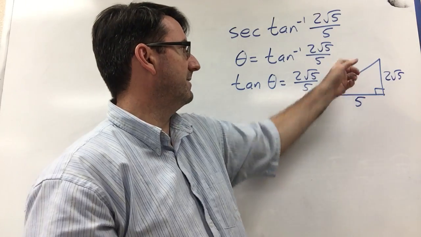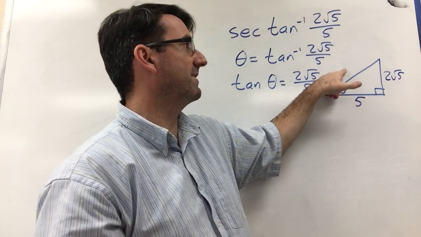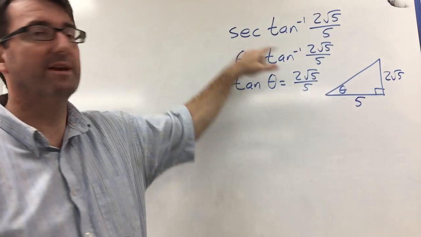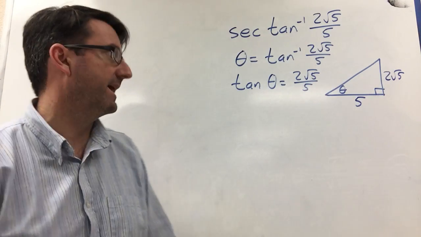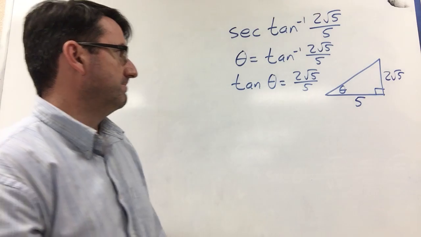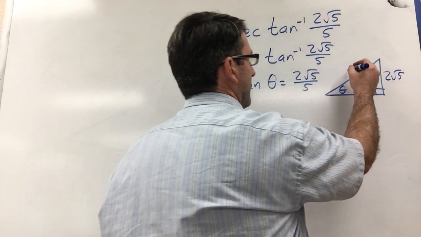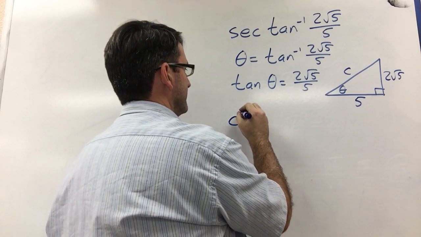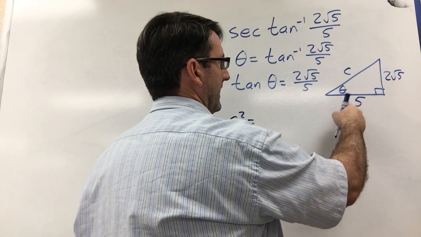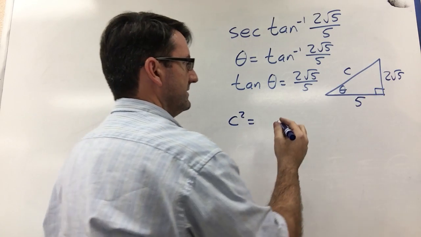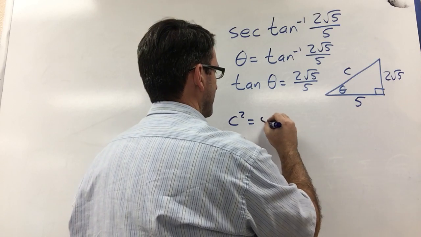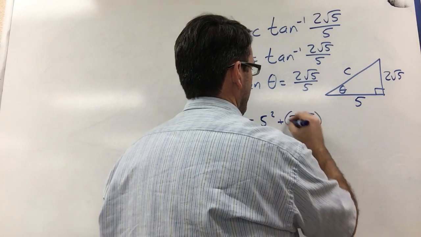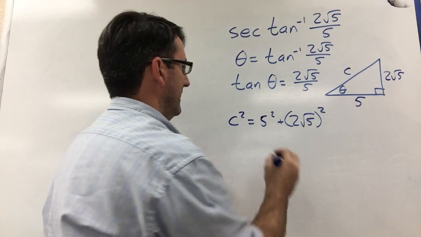Now let's find this other side, the hypotenuse, so that we can find the secant of that angle. All right, so let's call this other side C, and the Pythagorean theorem says that C squared is equal to the sum of the squares of the other two sides. So that's 5 squared plus 2 square root of 5 squared.